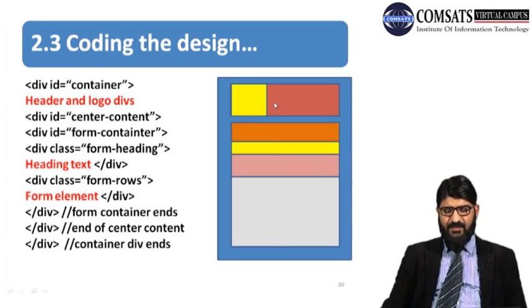In the heading section the div class is form rows, and then for all the form elements the relevant divs are mentioned. Then the div is closed for the header section, and then accordingly divs are closed for the div class, div ID for form container, and div ID for the container document. So in this way more divs are created over here. So we are coding towards the design.